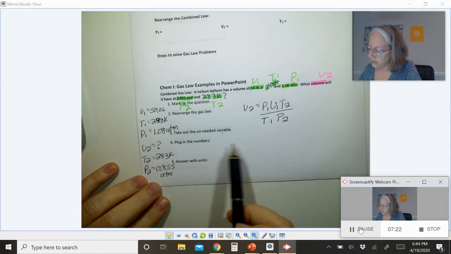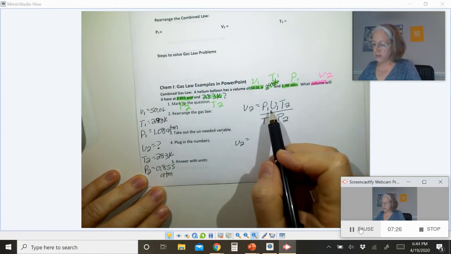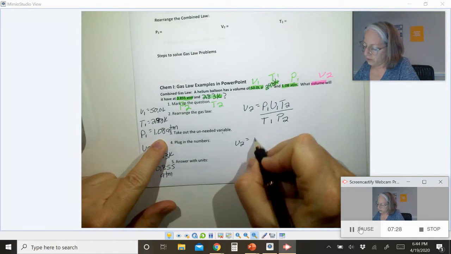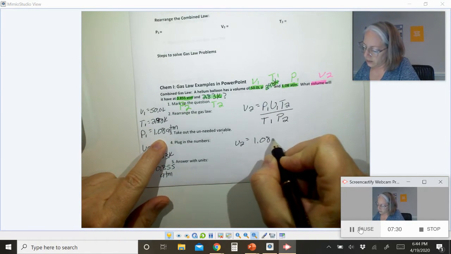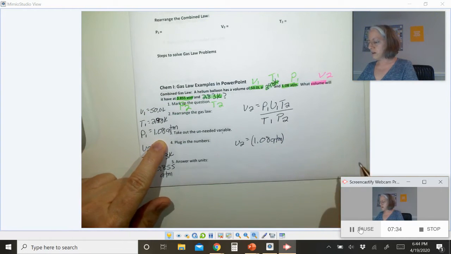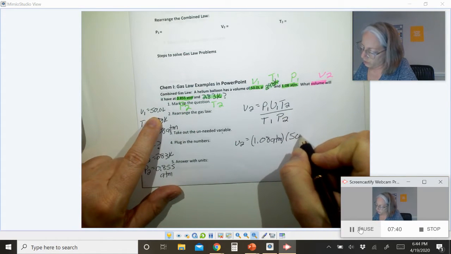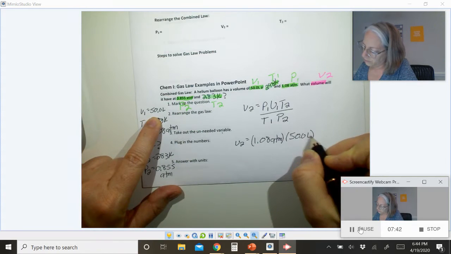And then we plug in the numbers. So we're looking for V2. P1, 1.08 ATM. Write the units. It helps you make sure you did things the right way. And then we have V1, 50.0 liters.